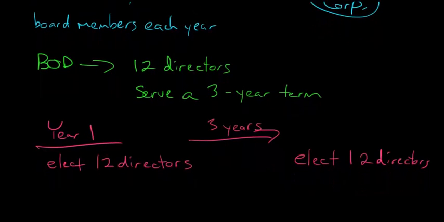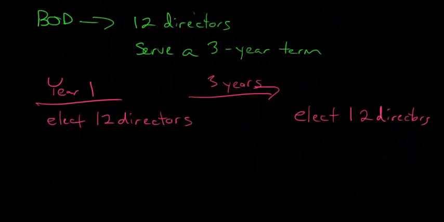Well, for a staggered board, let's take the same board with 12 directors. Now what we might do is change this up. This is the staggered method.